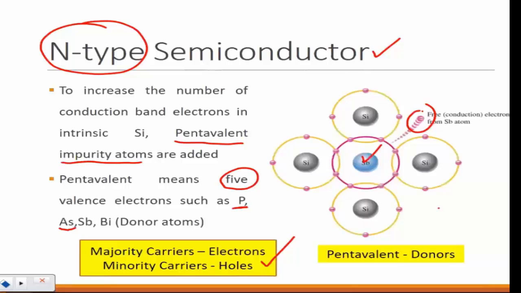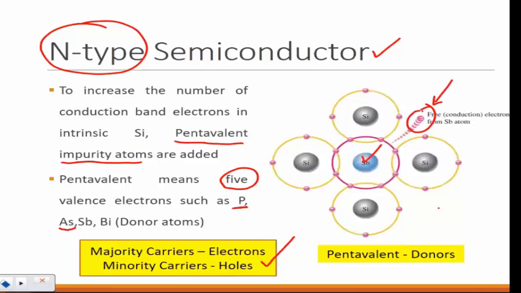So that 5th electron, with the application of a little bit of heat energy, becomes free. So we already have a free electron available, and the stability is still there. Correct? It's still being bonded covalently, because remember, covalent bonding is 8 electrons. So this internal atom is still bonded covalently with all the silicon.